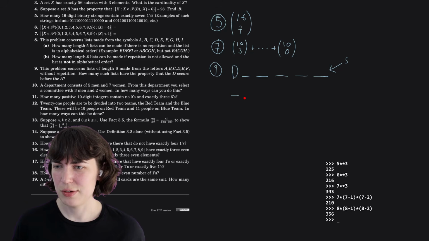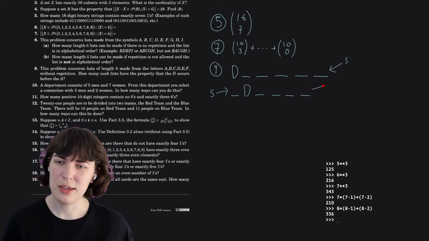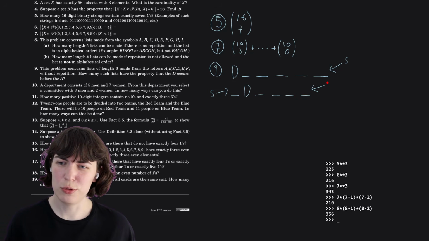Or we could have one blank space, which could have one of 5 symbols in. And then a D. And then 1, 2, 3, 4, 5, 6. And then here we could have one of 4 symbols in.